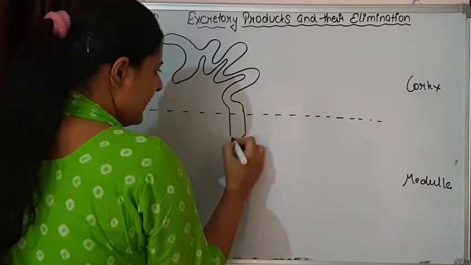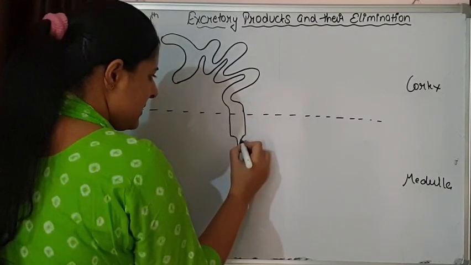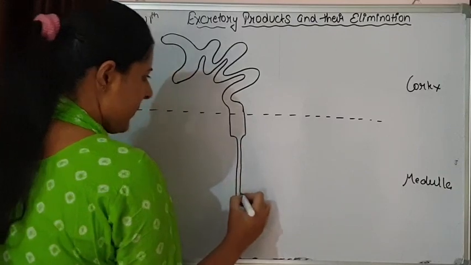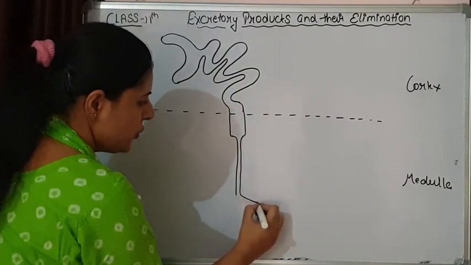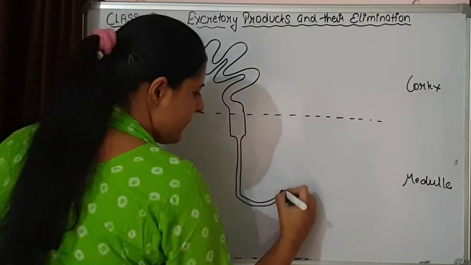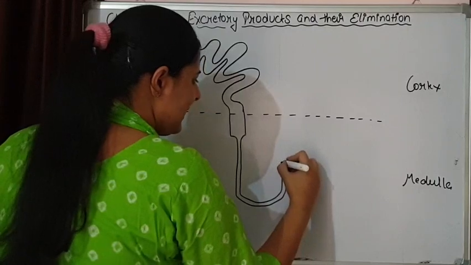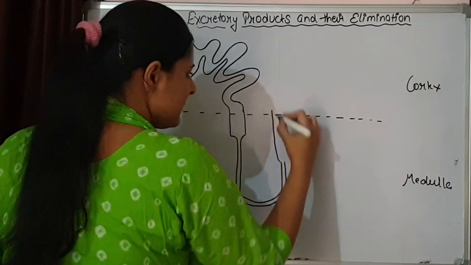This is our descending limb, the thick and thin segments. Here is the loop of Henle. The thin segment of the ascending limb. Later on I will label these parts. The thick segment.